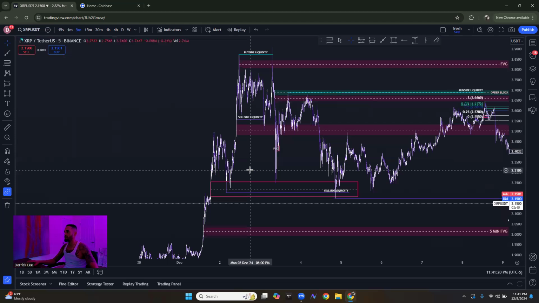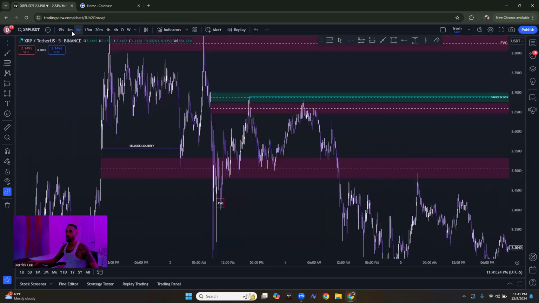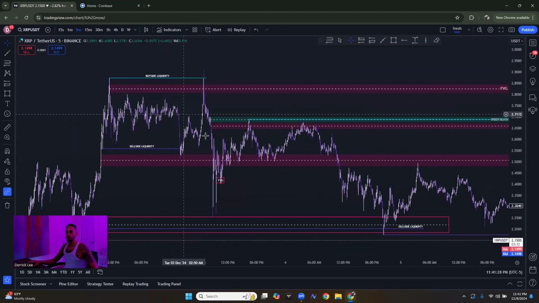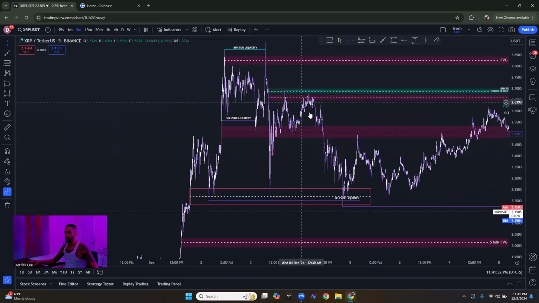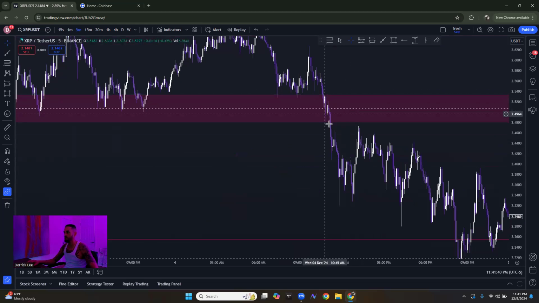So now we have a balanced price range up here, a balanced price range here. But when we drop, we left this inefficiency right here, this sell side imbalance, buy side inefficiency right here.